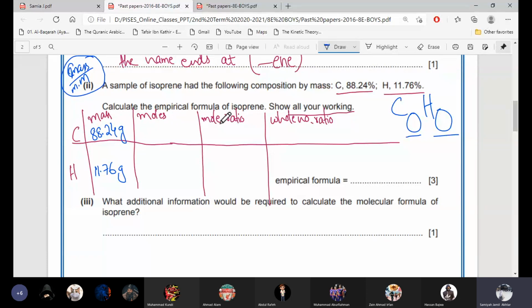Then find the mole ratio by dividing by the least number. Then find the whole number ratio by multiplying with any number to get whole numbers for both. You have 1 more minute, and then I will discuss.